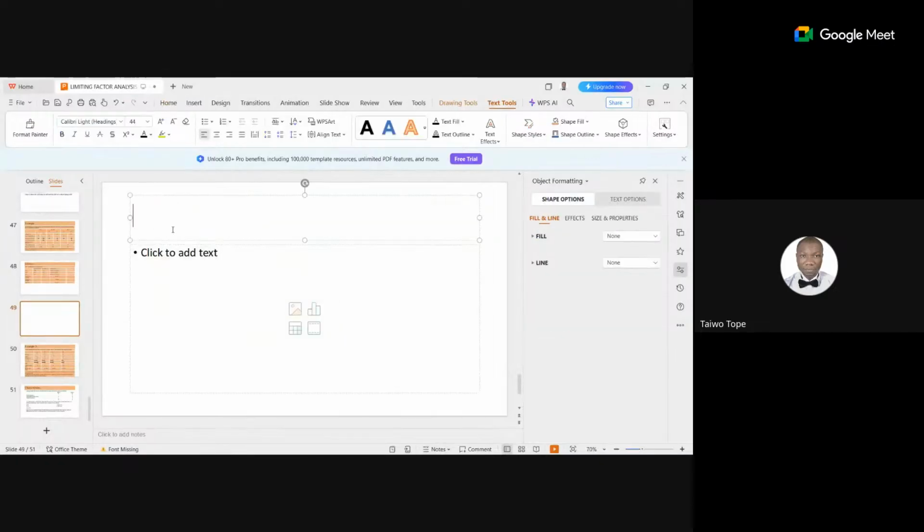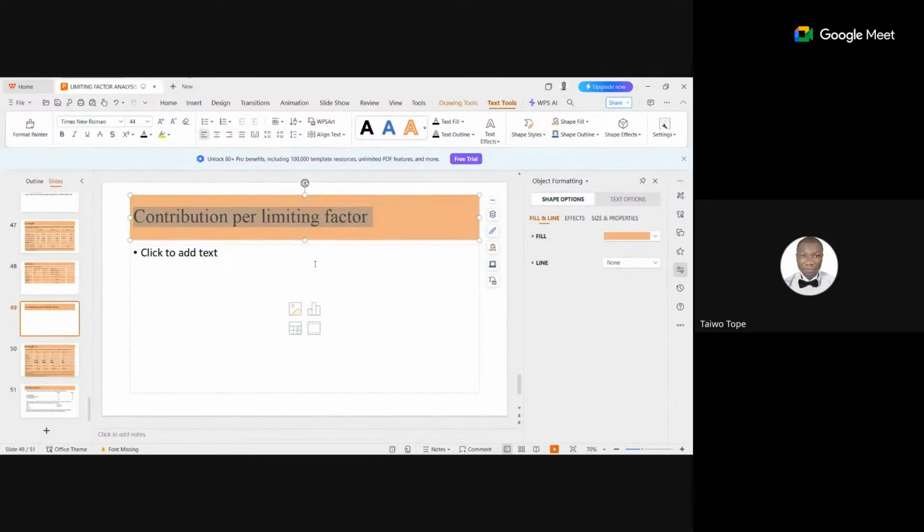So now you determine your contribution per limiting factor. For you to do that, let me still use a table.